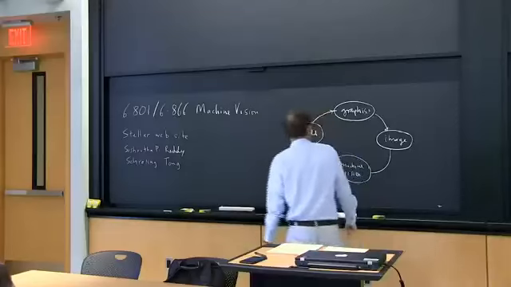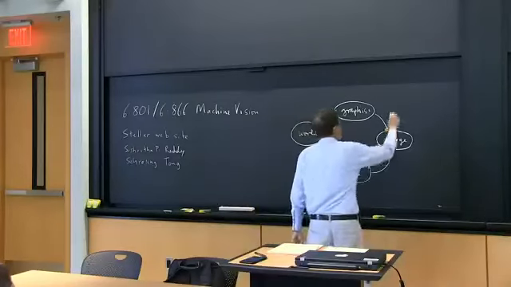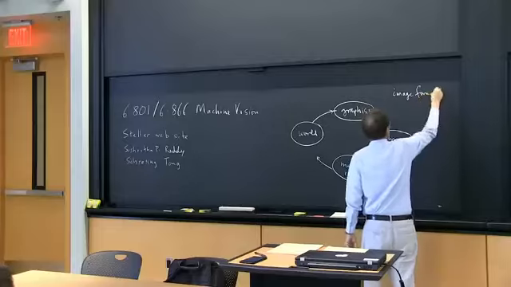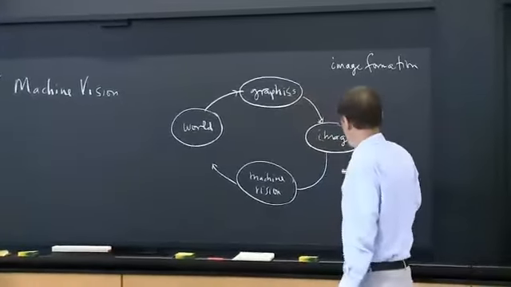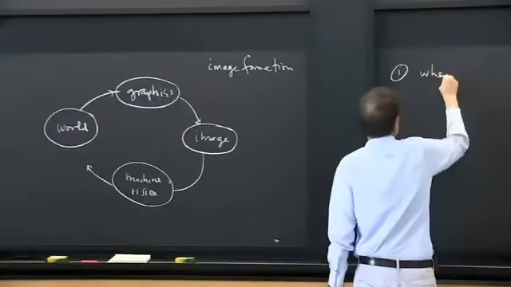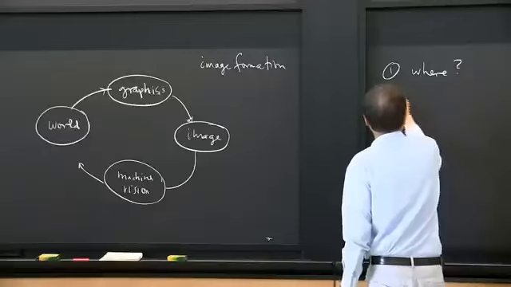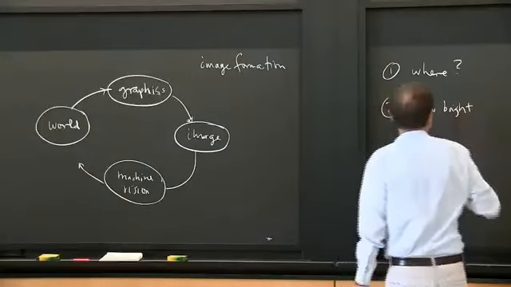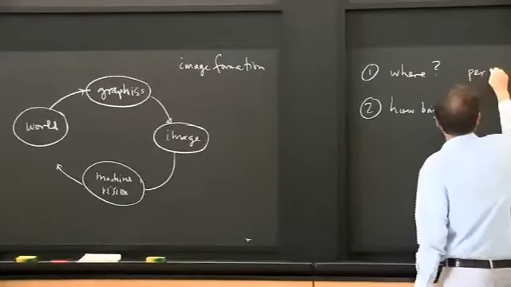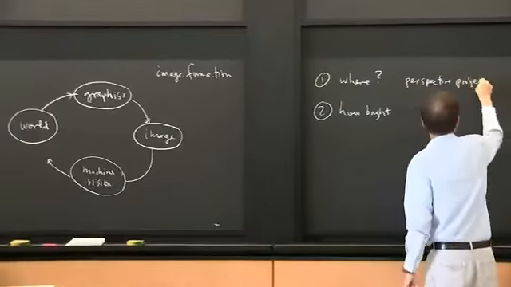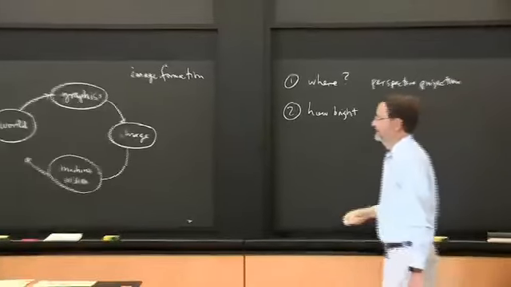Now, to do that, we need to understand the image formation. And that sounds pretty straightforward, but it has two parts, both of which we'll explore in detail as we go along.